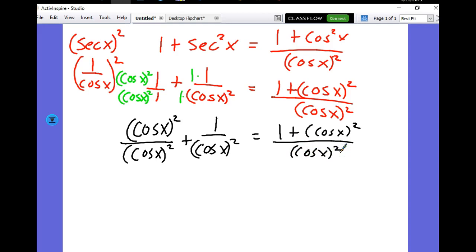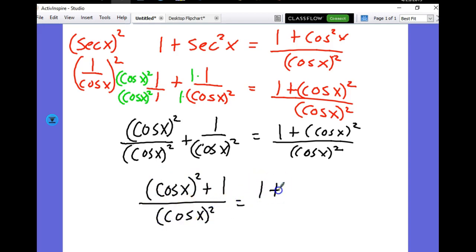And then since they have a common denominator, I should ask Justin, what's the next step? Just combine those fractions together. And this now matches the other side.